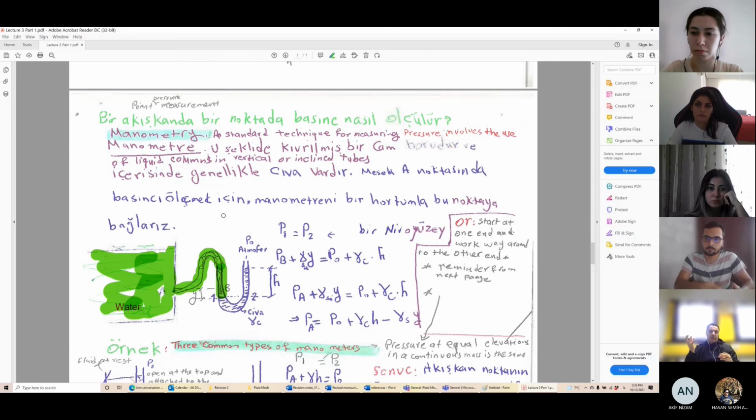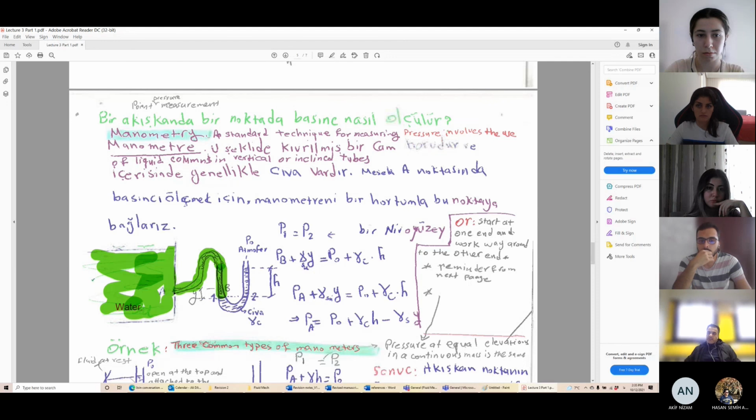not different bodies of liquids. Look, for example, here I have a water tank, and I'm interested in measuring pressure at this point, or this level.